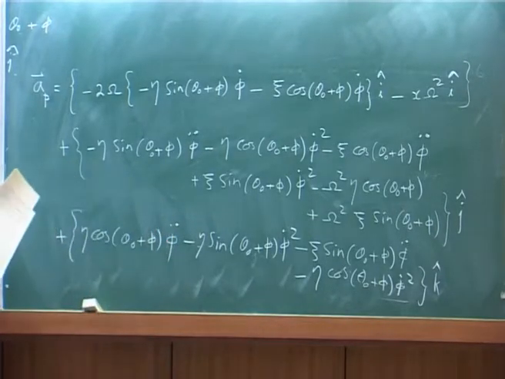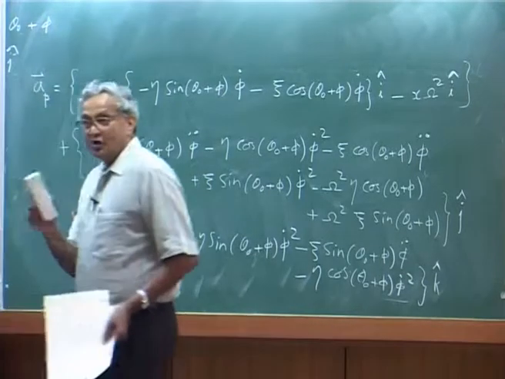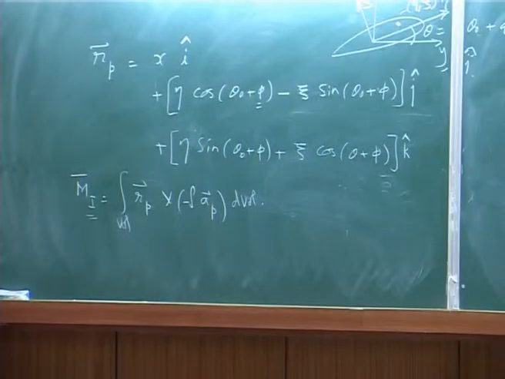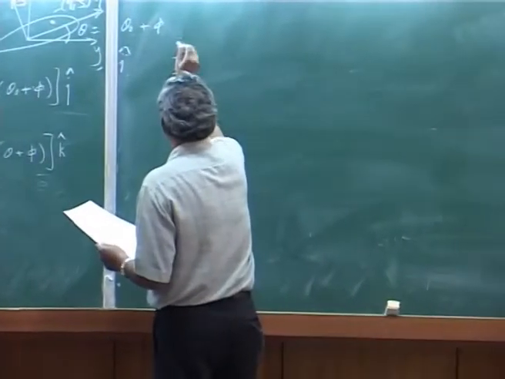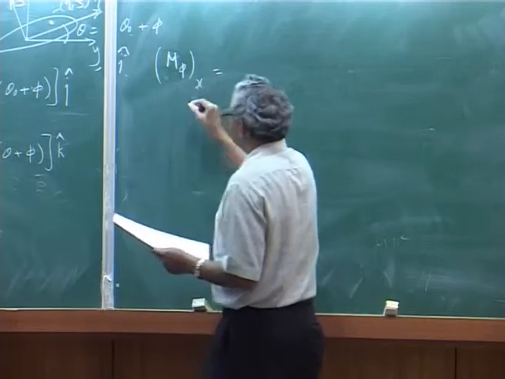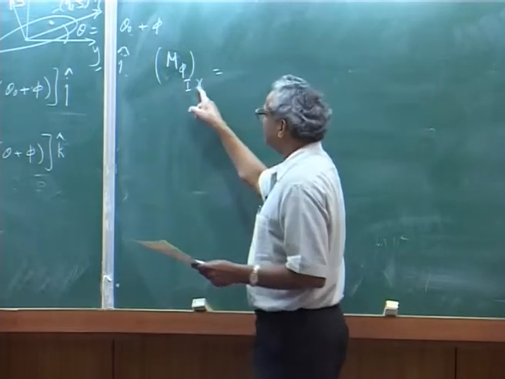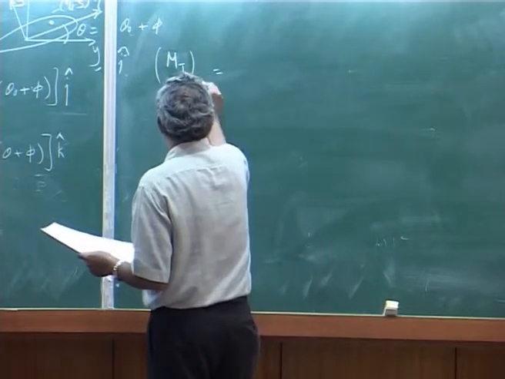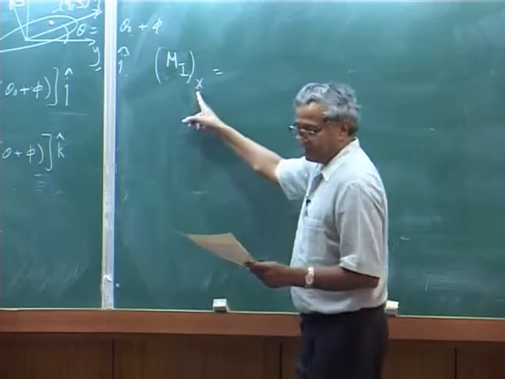Because after that you take the cross product, then simplify, you get the inertia moment about only the x axis, that I will write here, and you will get cross sectional integrals, okay. You will get the M I only along the x axis, okay.